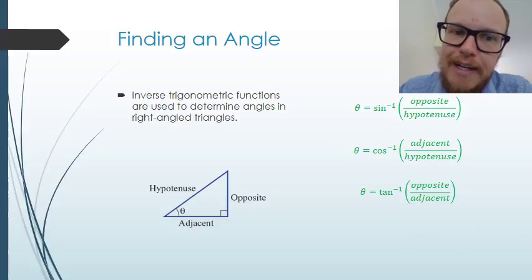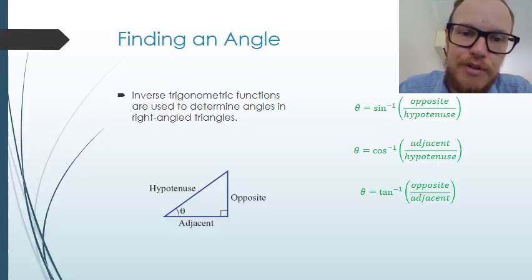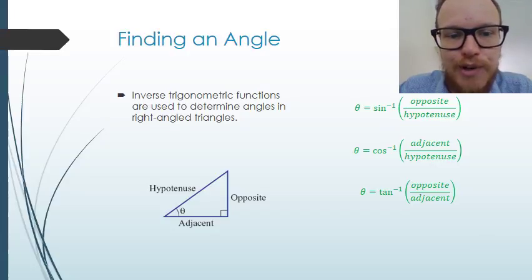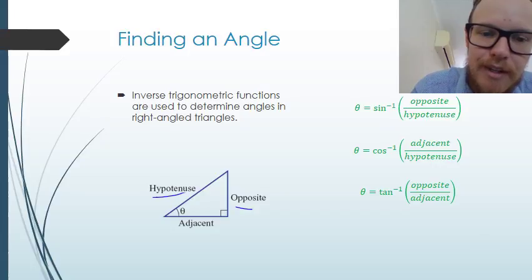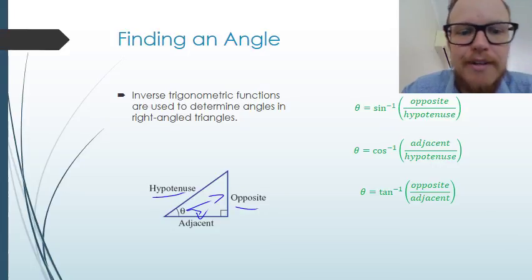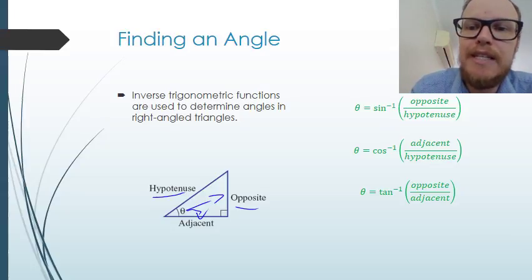Now with finding an angle, our inverse trigonometric functions we can use to determine the angles in a right angled triangle. So we need to remember these relationships: hypotenuse, the opposite side to the angle that we care about, and the adjacent side to the angle that we care about. And we can use these relationships.